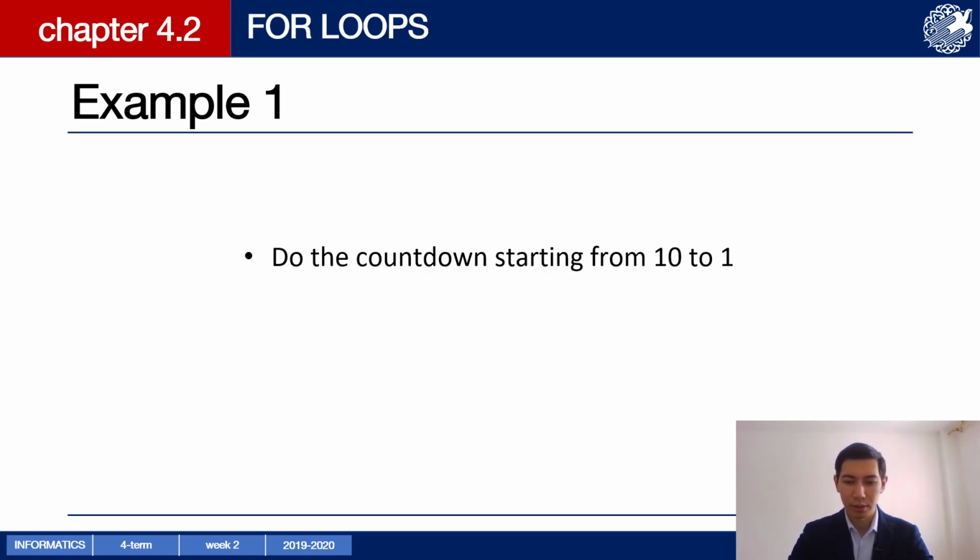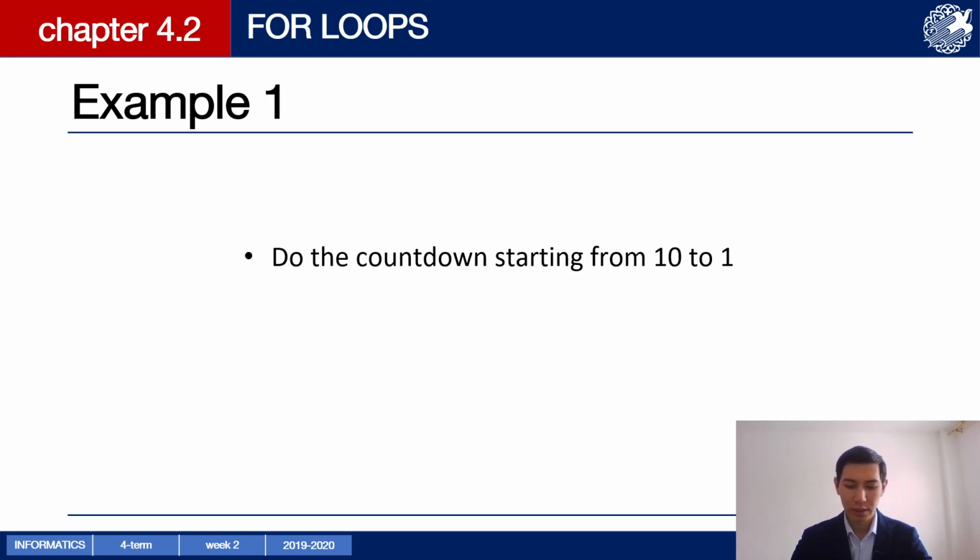Okay, so how to understand it in our examples. The first example: do the countdown starting from 10 to 1. We have done the countdown starting from 1 previously, but now we want to count down from 10 to 1. So how to do that?